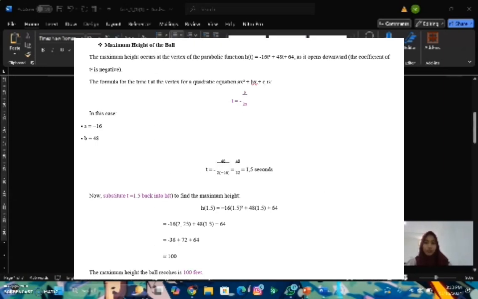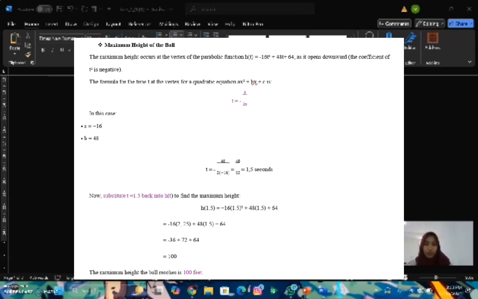Next, I will find the maximum height of the ball. The maximum height occurs at the vertex of the parabolic function h(t) = -16t² + 48t + 64, as it opens downward.